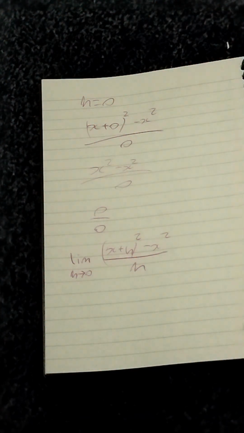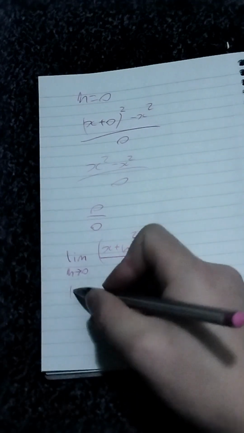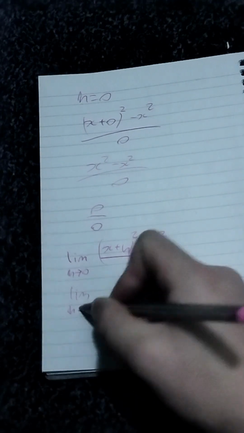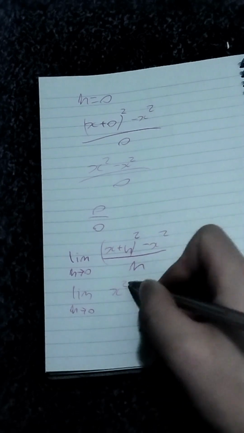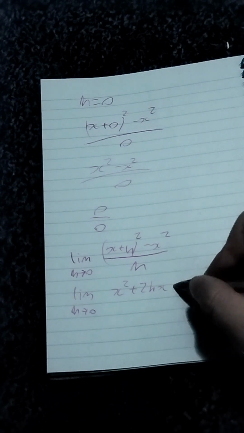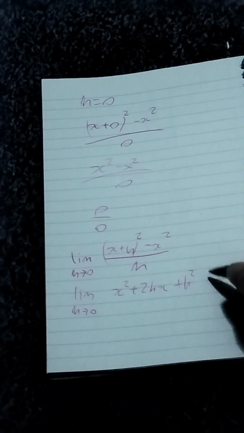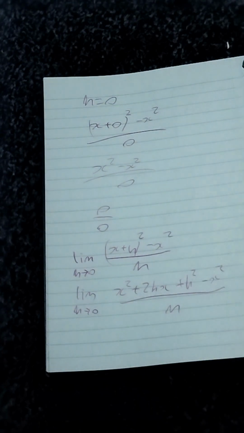We know that this is not possible as h is 0, but we've got that in the limit. So, limit h to 0, let's just expand that: x squared plus 2hx plus h squared minus x squared over h.